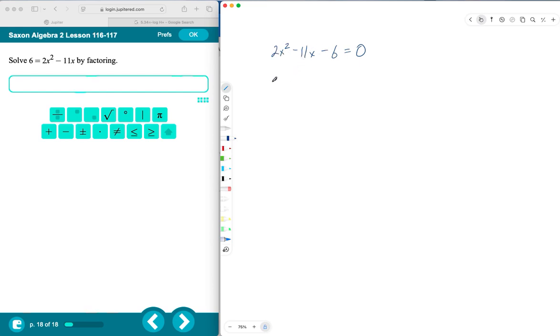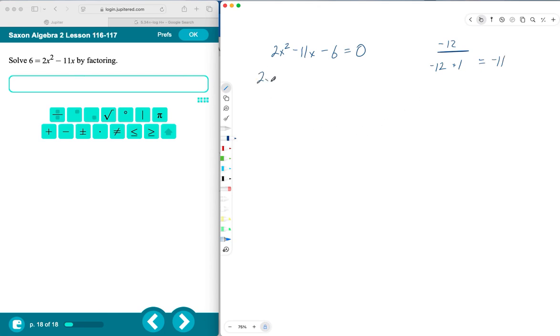That's it. Okay, so 2 times negative 6, it's a negative 12. And I need to find a way for that to equal negative 11 when I combine the factors. So to get a negative 12, I think I'm going to have to say negative 12 times a positive 1. When I add them together, that gives me the right answer.